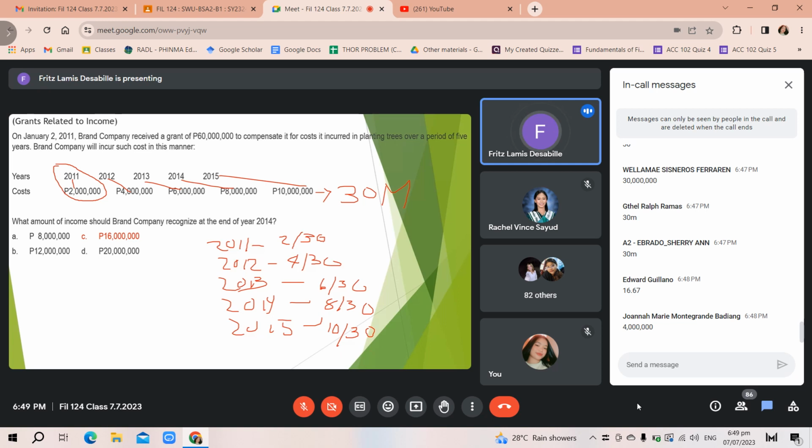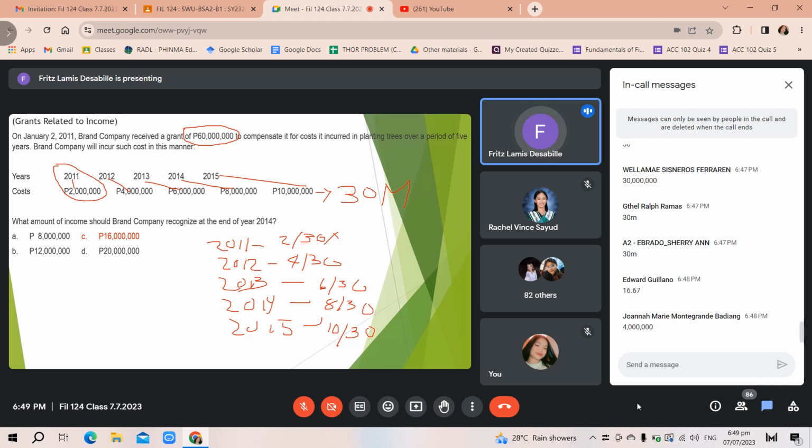Now, what's the relevance of this one? So relevant siya because this fraction will be used as basis for the ratio nato. Take note, in 2011 nakadawat tag 60 million, no? Now, how do you think we record this one?